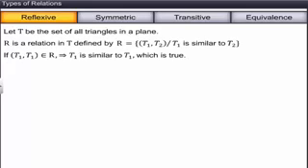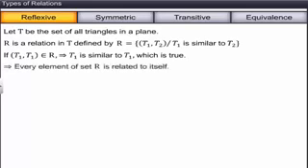And this holds true for all the triangles in set T. Hence, we can say that every element of set T is related to itself. Such types of relations are called reflexive relations.